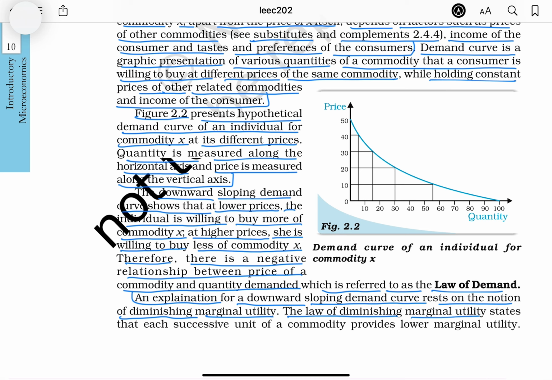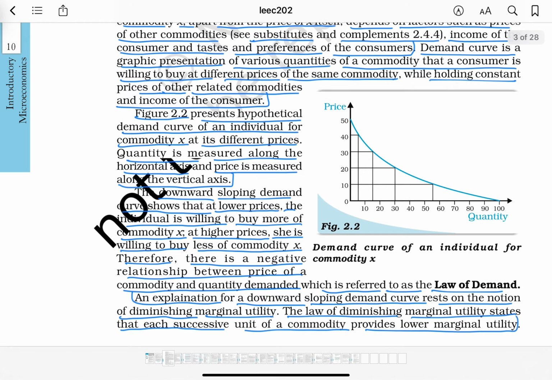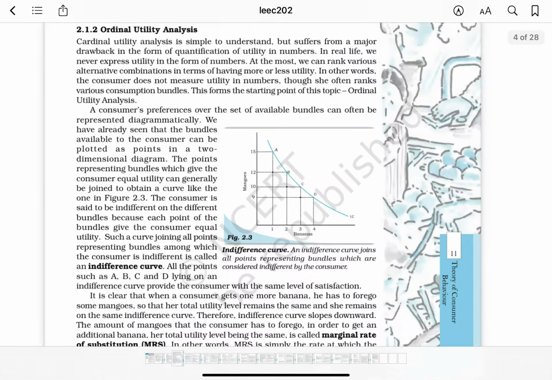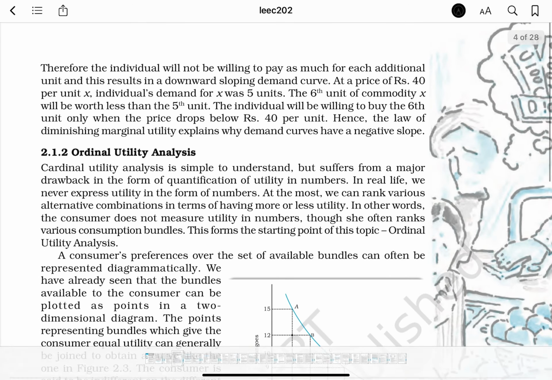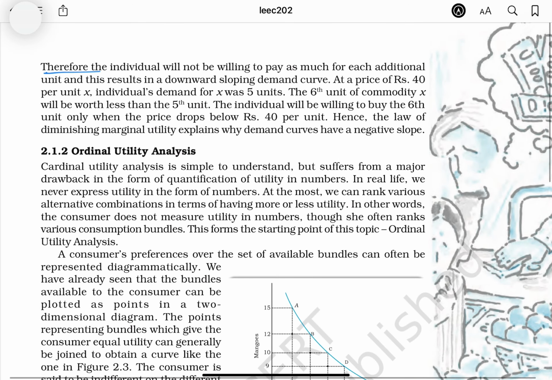An explanation for a downward sloping demand curve rests on the notion of diminishing marginal utility. The law of diminishing marginal utility states that each successive unit of a commodity provides lower marginal utility. Therefore, the individual will not be willing to pay as much for each additional unit, and this results in a downward sloping demand curve.